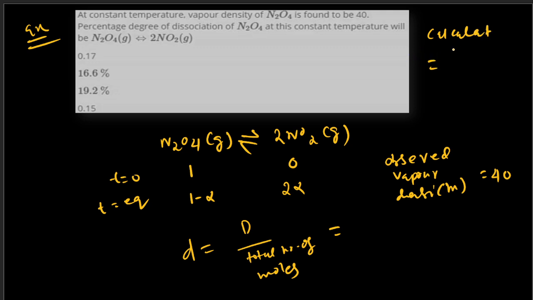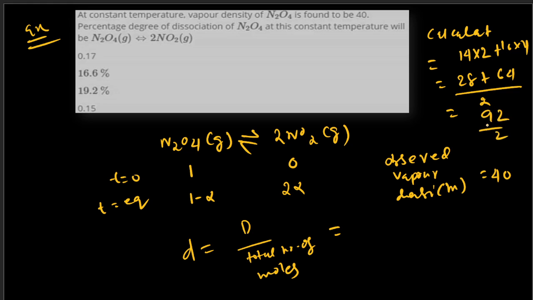The vapor density is the molar mass of that gas divided by 2. Here for N2O4, N is 14 into 2, that is 28, plus 16 into 4, that is 64, so 92 divided by 2.